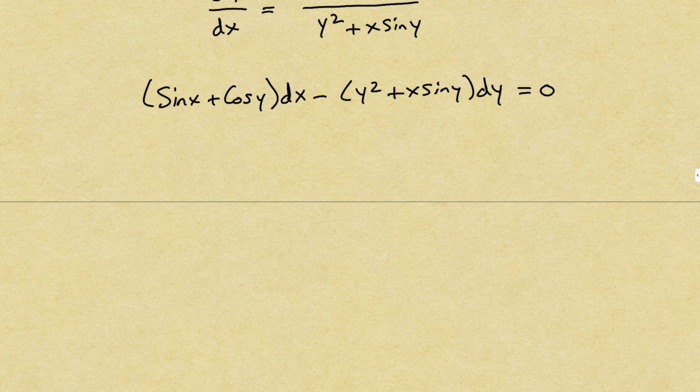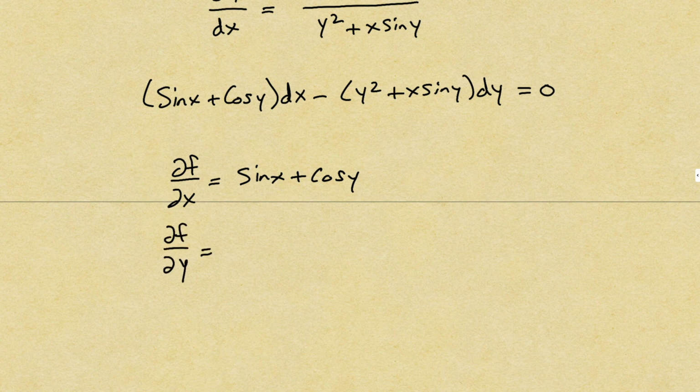What do we do? Well, our guess is that there's some function f that has a df/dx equal to sine x plus cosine y, and it has some derivative in y, partial derivatives, right? Don't forget the curly d is a partial derivative. So some df/dy, don't forget the minus sign, is minus y squared plus x sine y.